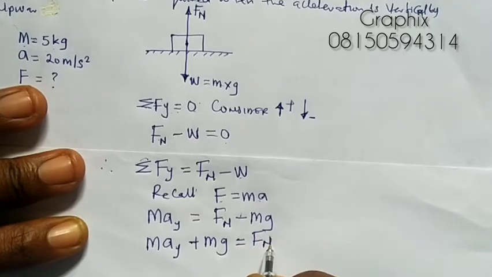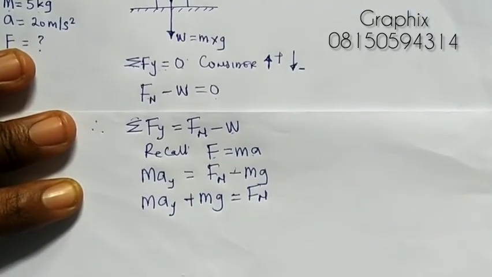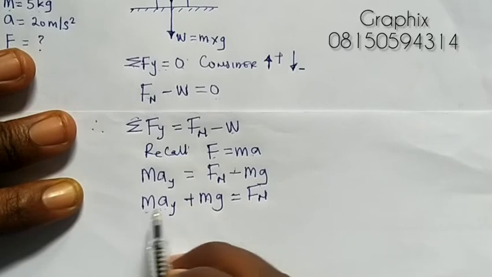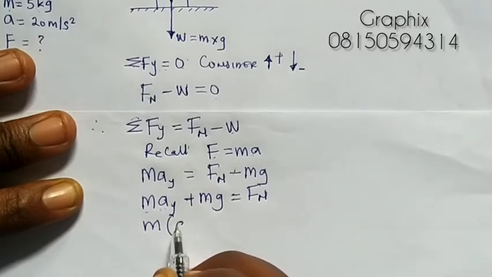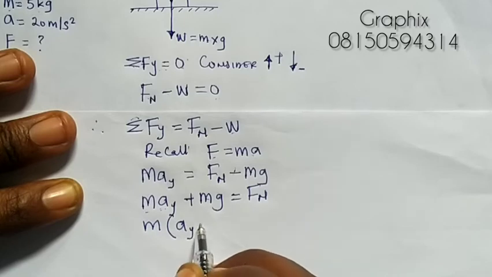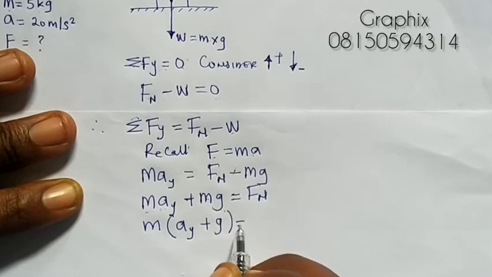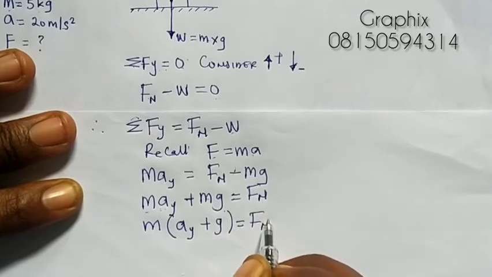Normal force, right? So if you look at this properly, mass is common. So if I bring the mass out, I'll be left with acceleration along y plus what? Gravity is equals to what? Normal force.